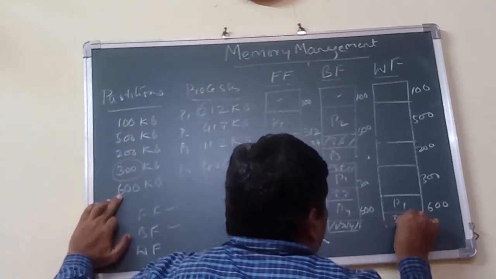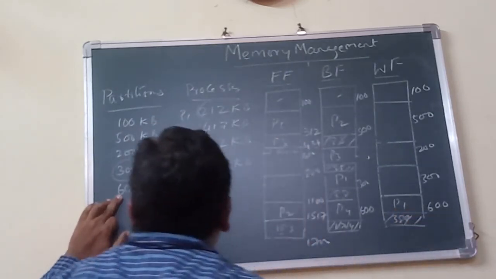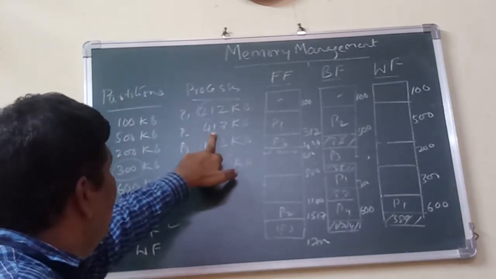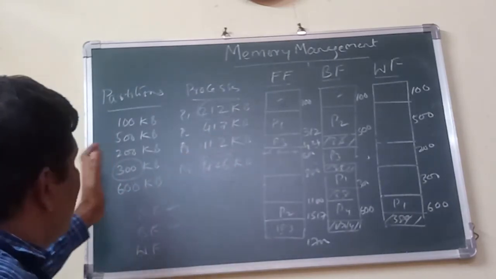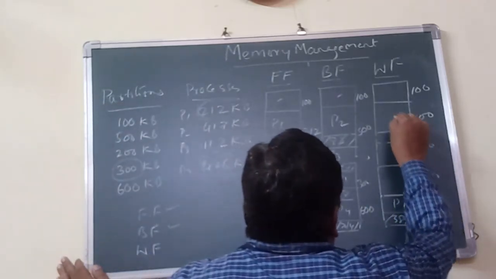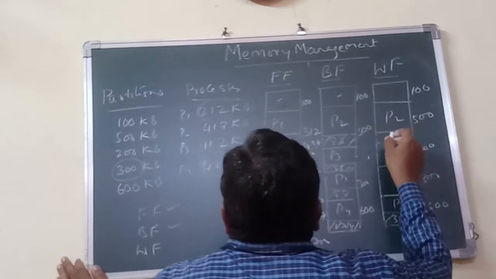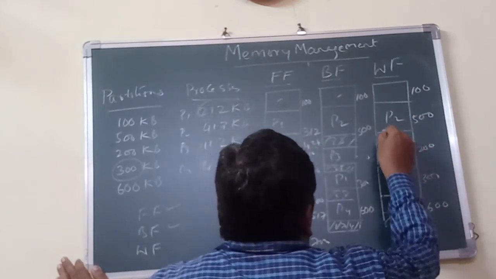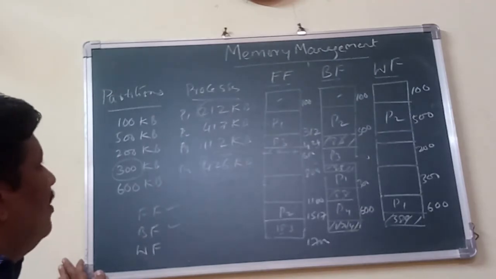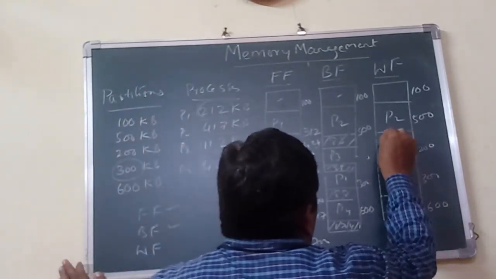So this much is free. Then P2, 417. So the largest partition that can hold this is 500, right? So here we can accommodate P2, and the wastage here is 500 minus 417, so it is around 83.